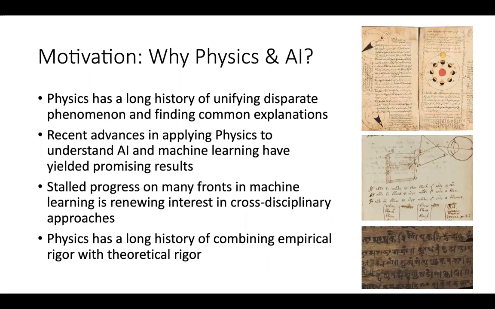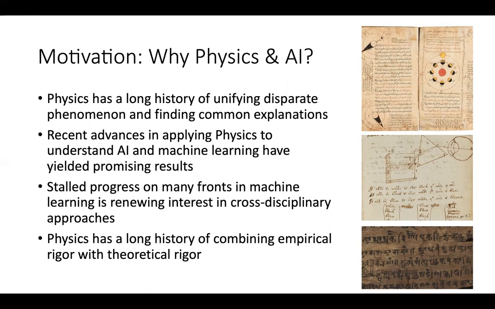So we'll start with the motivation. Why physics and AI? If you look at the history of physics, it has a very long history of unifying disparate phenomena and finding common explanations. More recently, there has been some progress in applying physics to understand AI and machine learning, which is yielding very promising results for both disciplines.